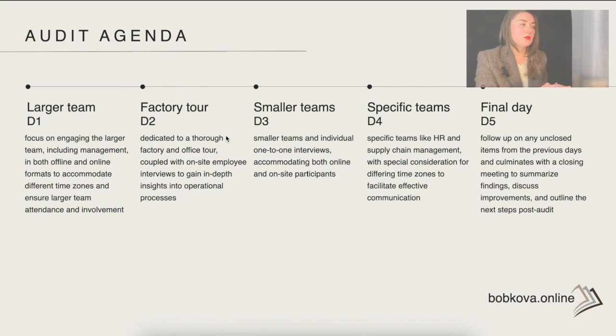And if, for example, the factory tour is on day 2, it's scheduled on this day for a certain reason: when the factory doesn't have a maintenance shutdown, cleanup, or a weekly operational meeting, so that should be at this time.